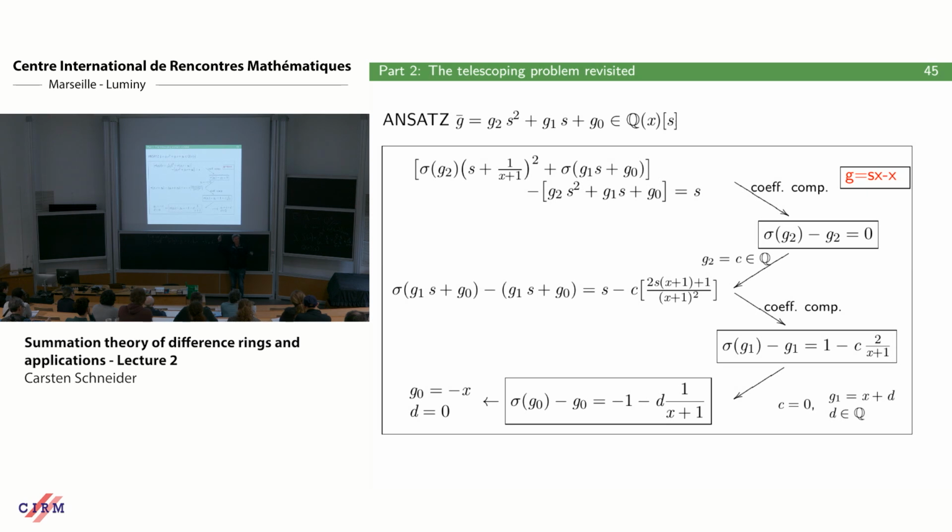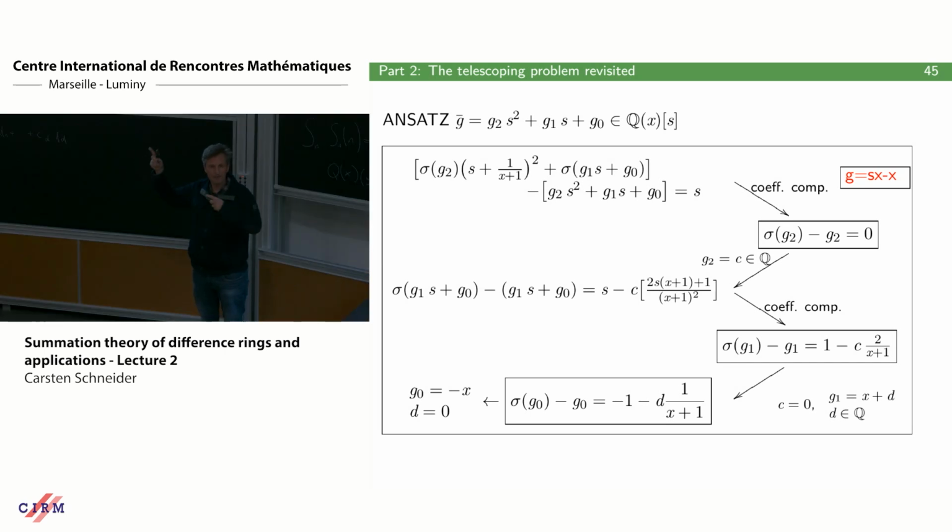This is the price to reduce it to a simpler ring: you have to solve a slightly more general problem. Which, by the way, is also good for creative telescoping. So it's a bonus. Telescoping reduces to parameterized telescoping. But believe me, if I do this ansatz for parameterized telescoping, it works the same. It's the same idea. Okay?